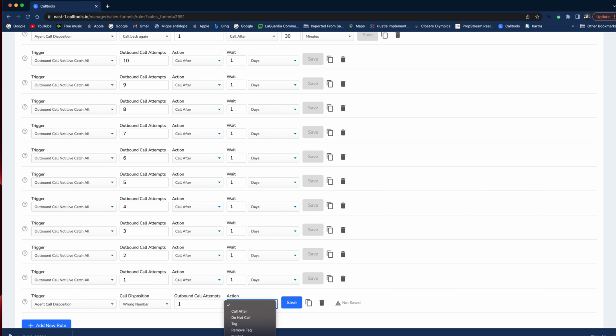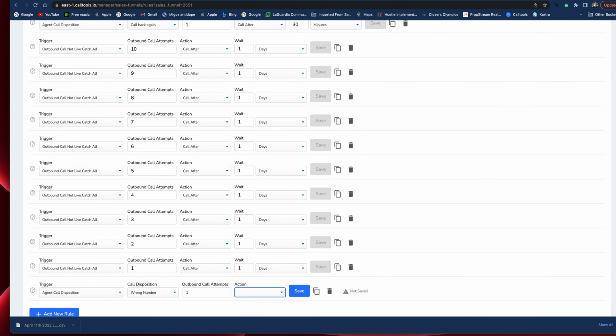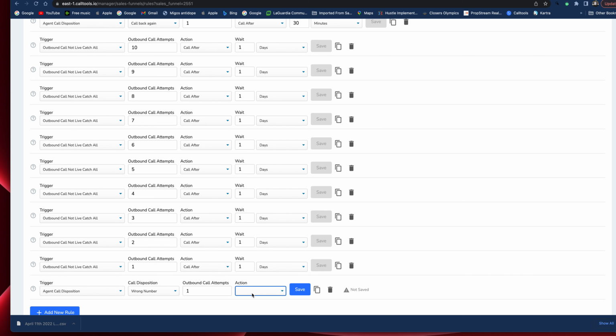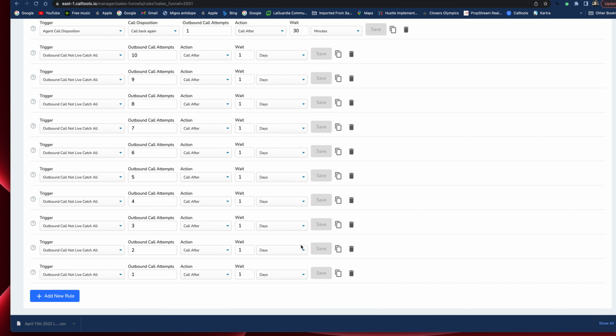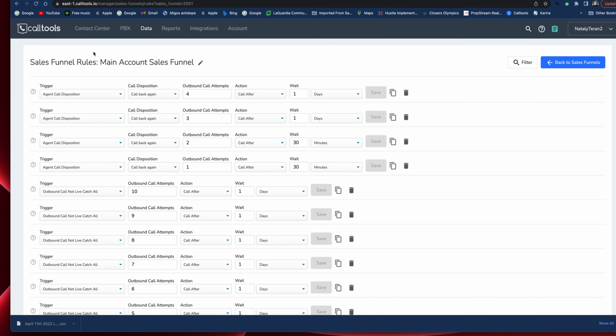So there's no reason to put wrong number in our sales funnel because there's really nothing here that can help it. It already has a setting in the system, which is in the call disposition. See, there's nothing that would make sense for wrong number, because wrong number means taking one number out but still calling the rest. So it's very unique. You can't really put that in the sales funnel, and you can't put that in your campaign because it is already a rule. So I hope that makes sense.